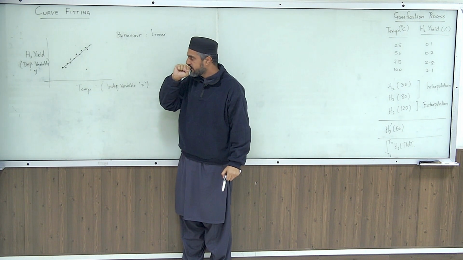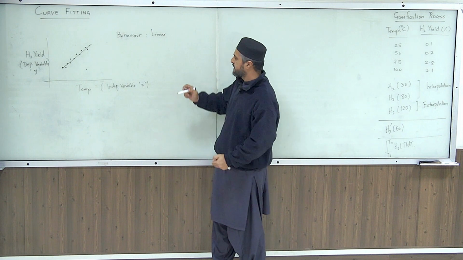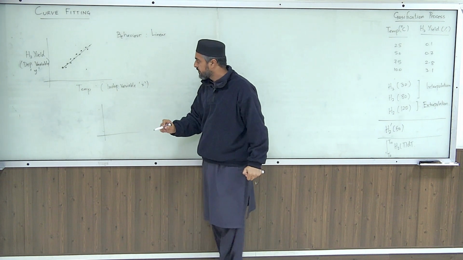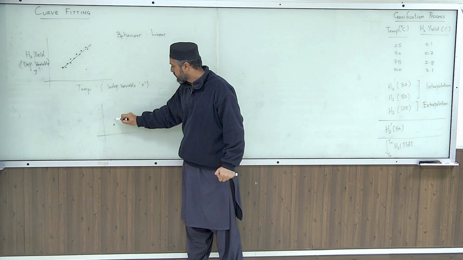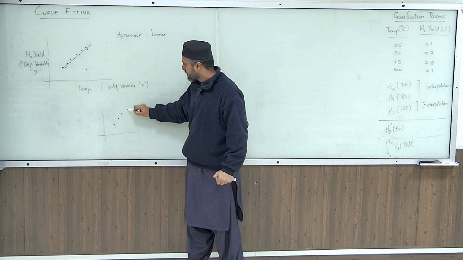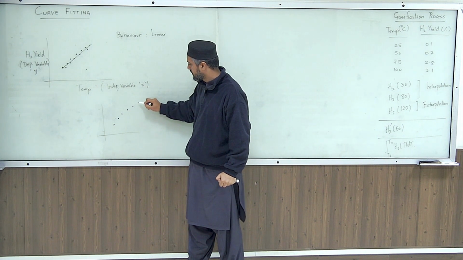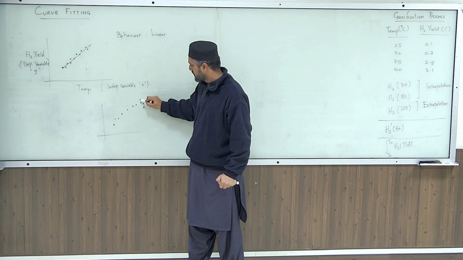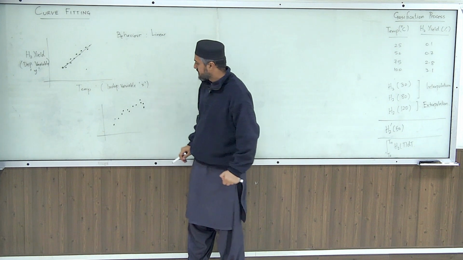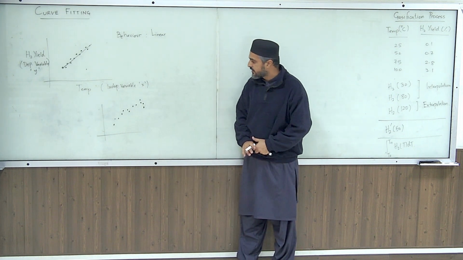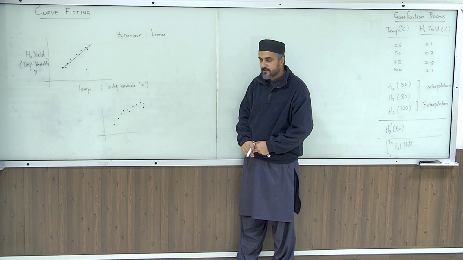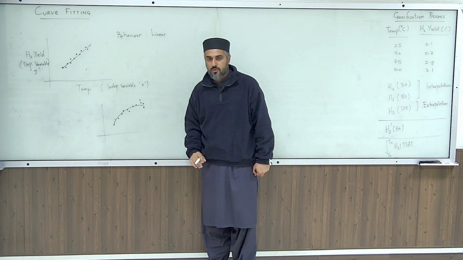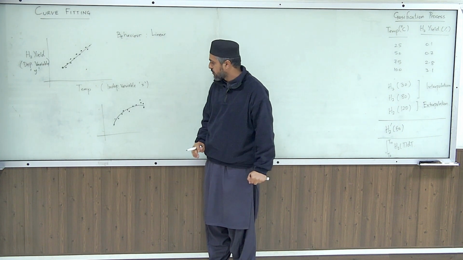Now I will plot another behavior. For example, if you see this is some data, and if I want some behavior that I can fit within these data points, maybe it will be a quadratic curve, a degree 2 curve.